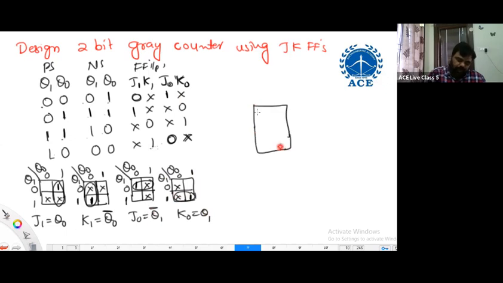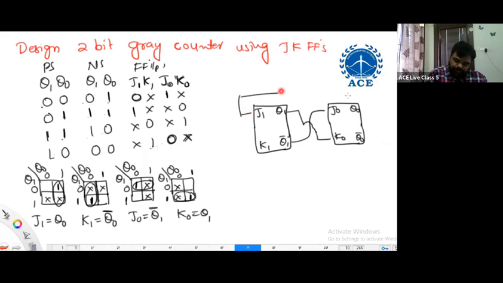Here, if I write the counter circuit: J1, K1, Q1, Q1 bar. And again, J0, K0, Q0, Q0 bar. J0 connected to Q1 bar, K0 connected to Q1, and J1 connected to Q0, K1 connected to Q0 bar.